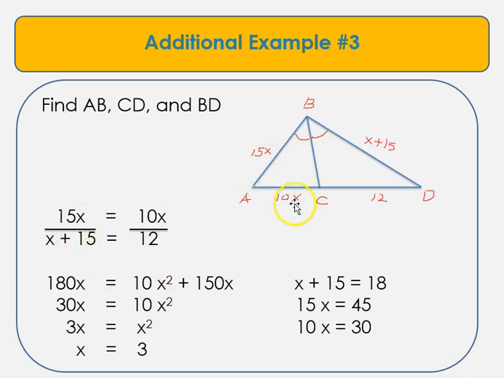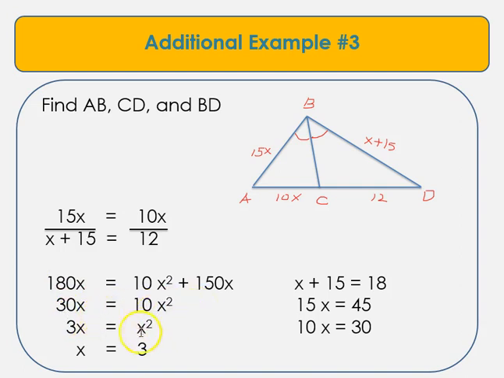The old theorem would have had 10x over 15x, and it would have had 12 over x plus 15, but when I worked it out, we still had 180x equals 10x squared plus 150x. So it worked out the same. If we combine like terms, subtracting 150x from both sides, we have 30x equals 10x squared.